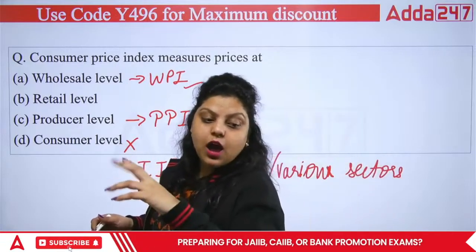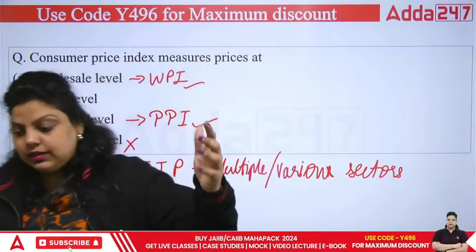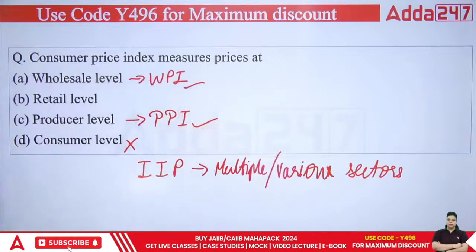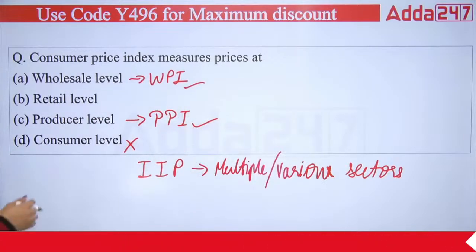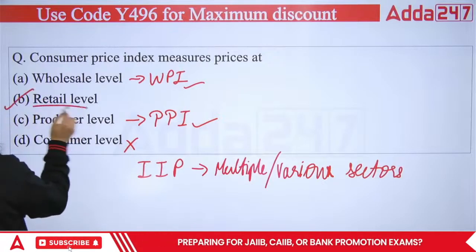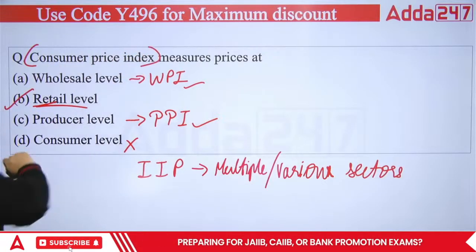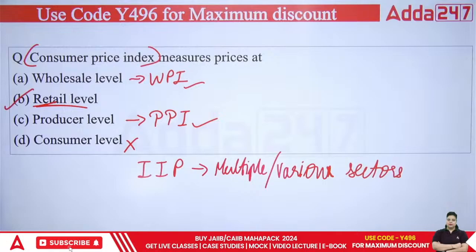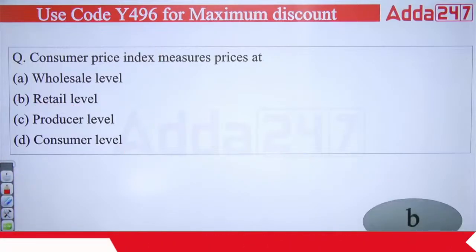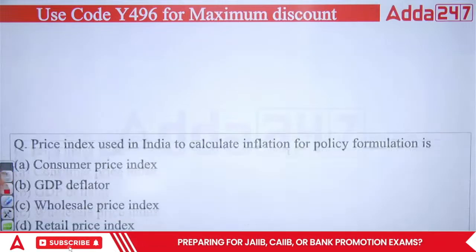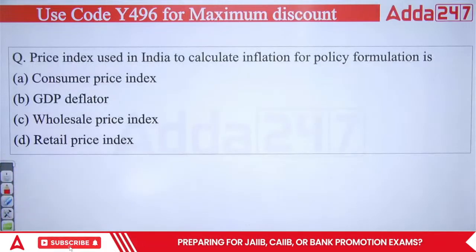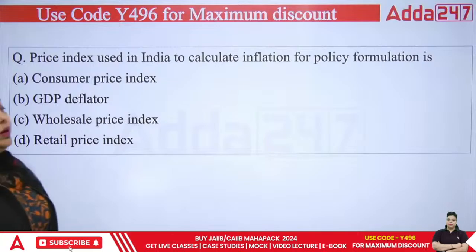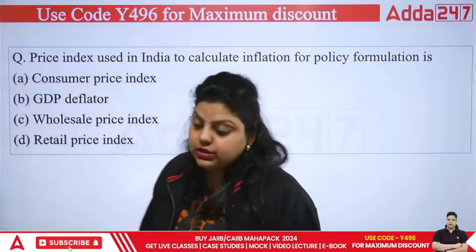It measures how much production has been done. That's what the IIP is, the index of industrial production. So the right answer is CPI. At the retail level, the consumer price index measures the prices. So the right answer is B. I hope it's clear. Next question. Next we have: the price index used in India to calculate inflation for policy formulation is.